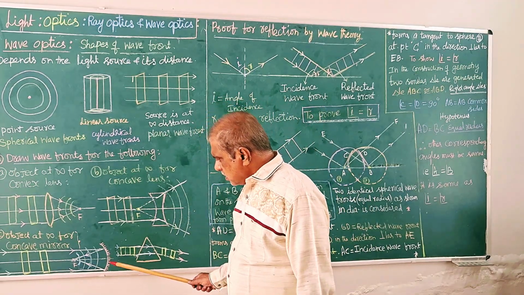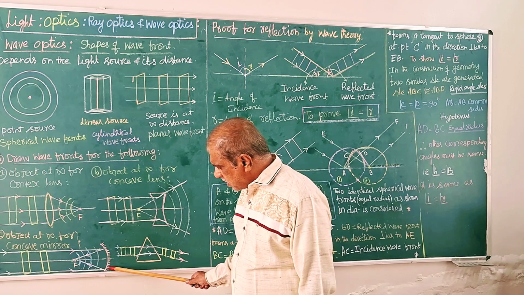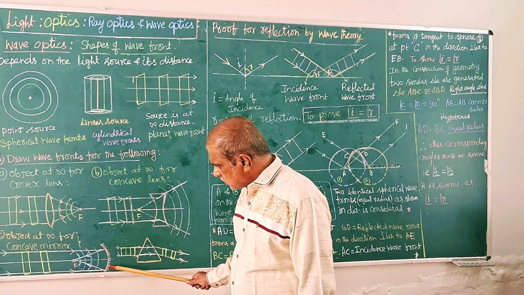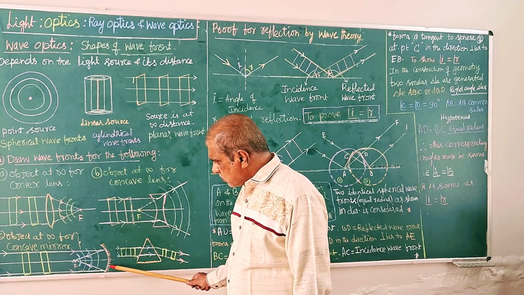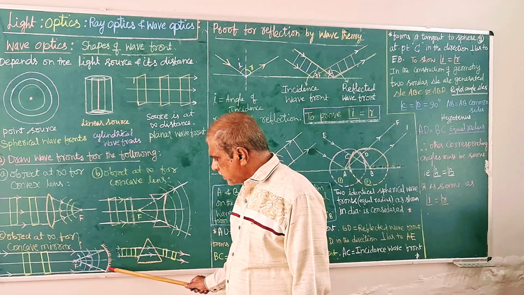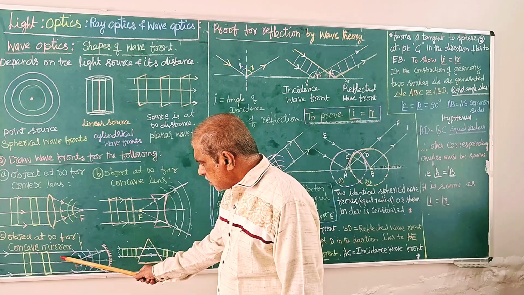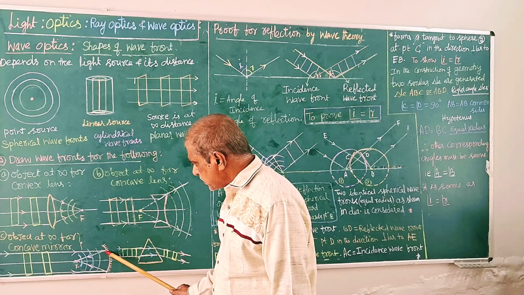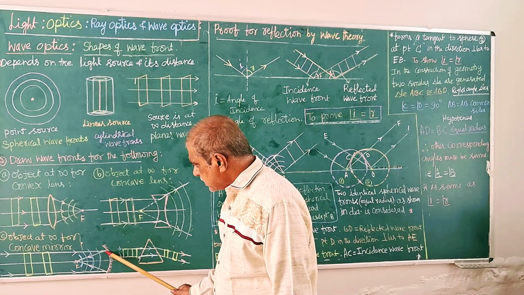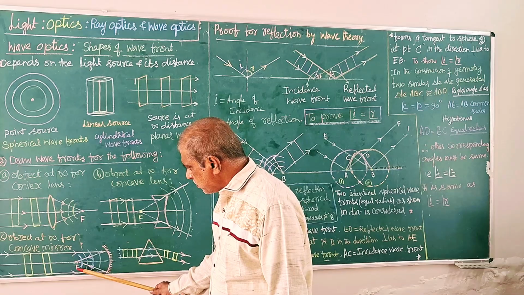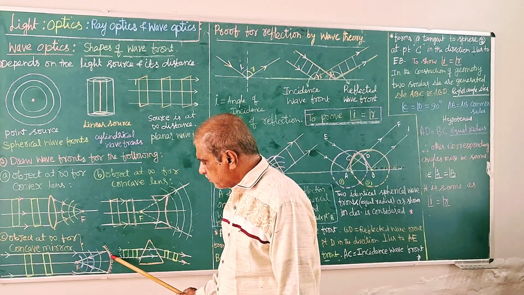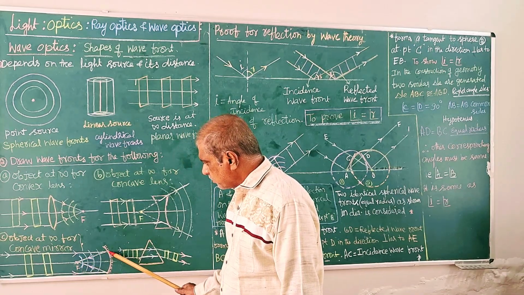And another optical instrument is the concave mirror. As you know, when the light is reflected from this surface, the light rays converge to a point, again the focal point of the mirror.